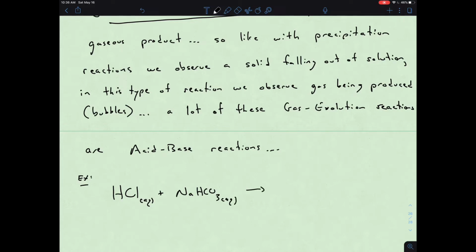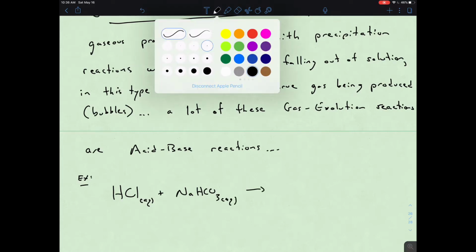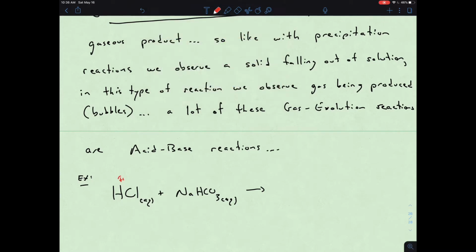And what that produces, if we think about our ion swap, it's still that same type of chemistry, at least to begin. Right? Bicarbonate is HCO3 minus 1. We get carbonic acid and sodium chloride.